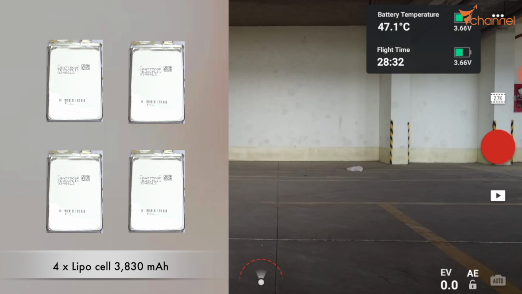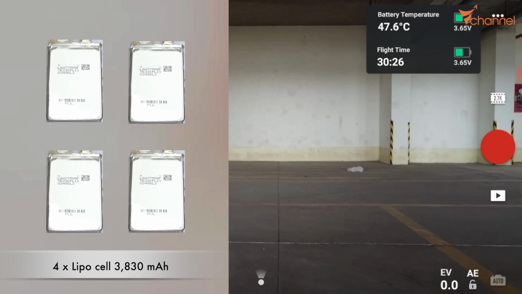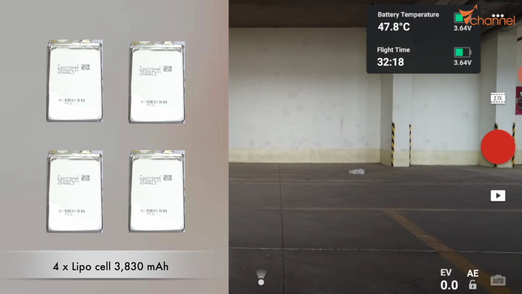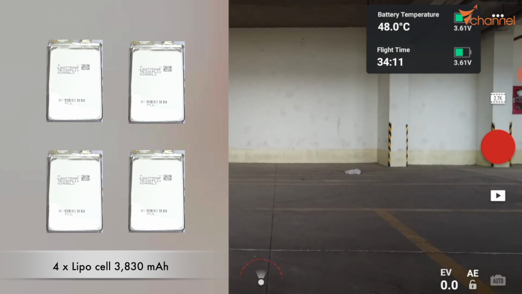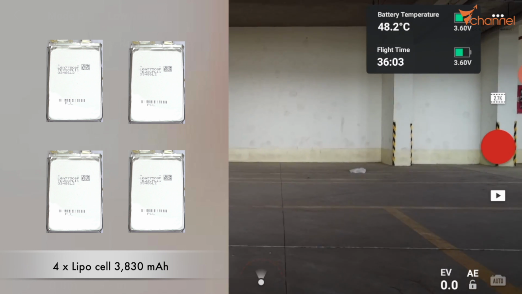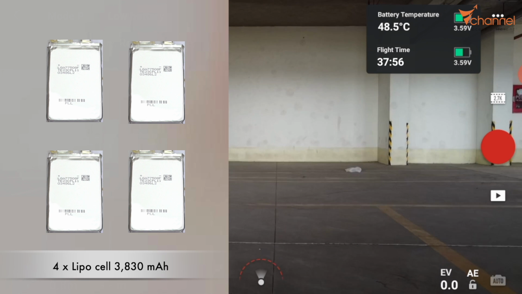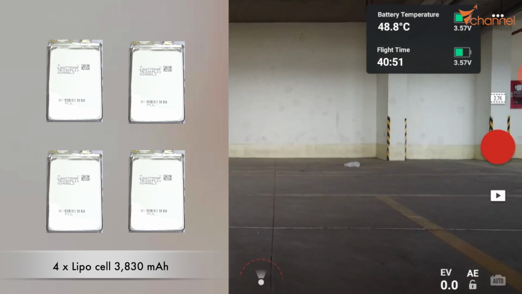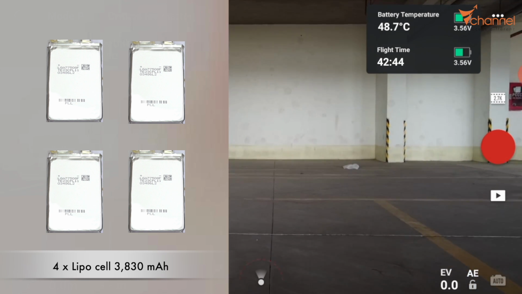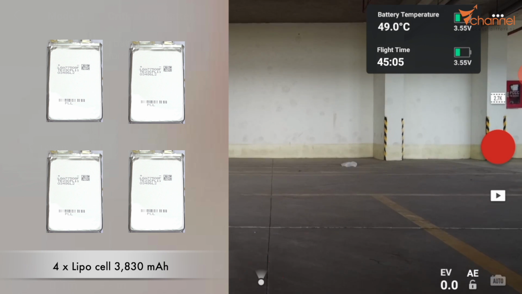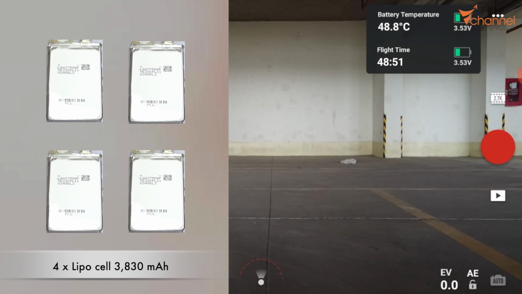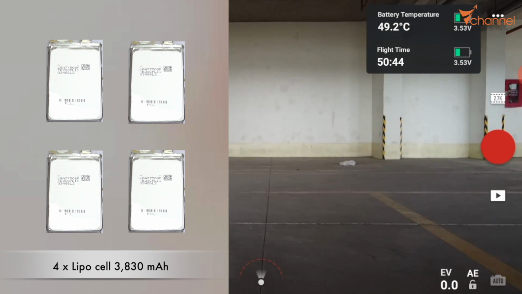27 minutes, still 3.6 volt. 33 minutes, easily. 35, 36, and reach 40 minutes. Now 50 minutes.